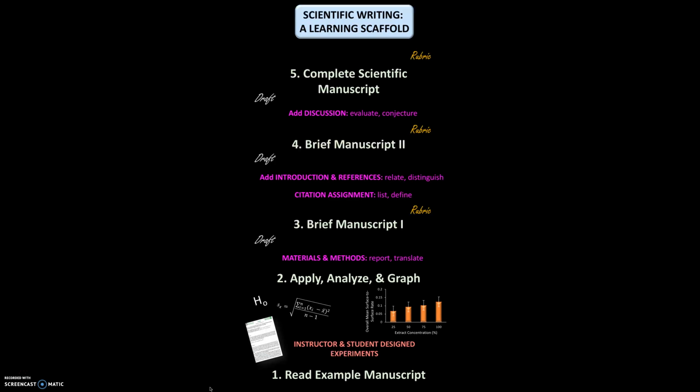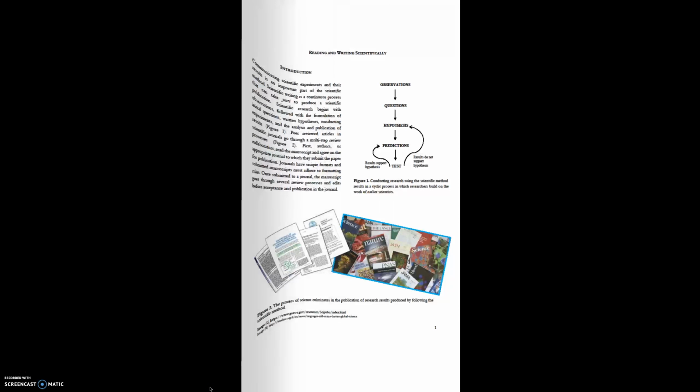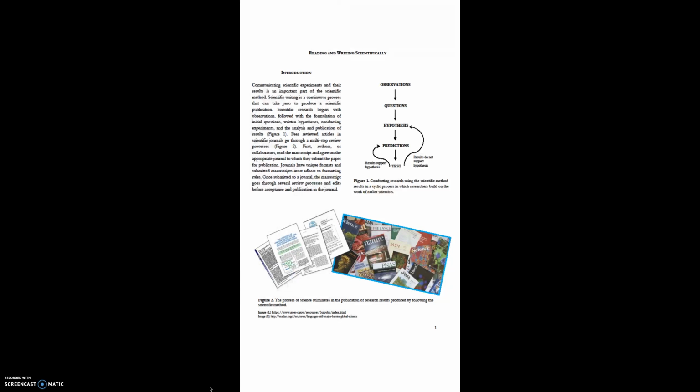Let's look at each step in more detail. The scaffold begins in week 2 with the lab handout that contains reference information. Students are expected to use this document throughout the semester, as well as for their first scaffold assignment.